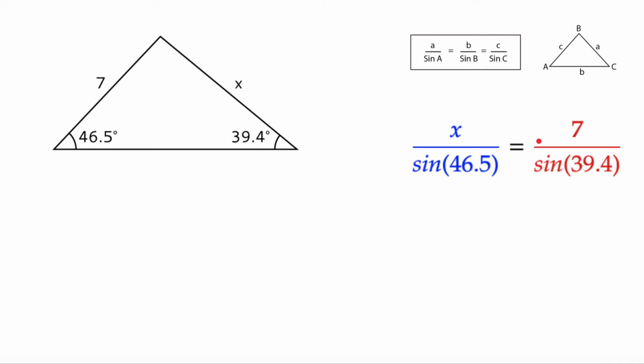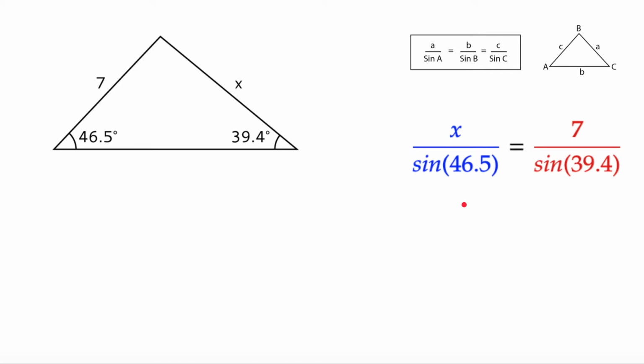And this part is using the c over sine C. So 7, which is the small c, over sine of this, in which we get x over sine 46.5 equals 7 over sine 39.4.